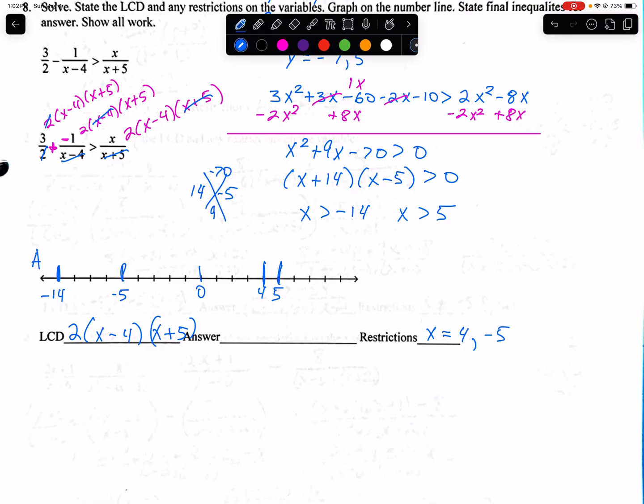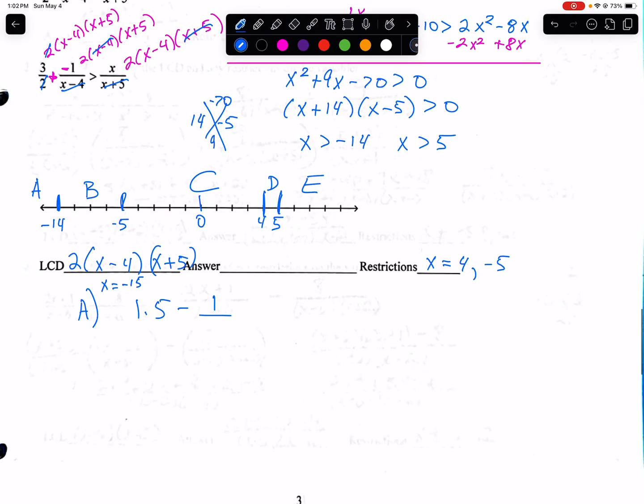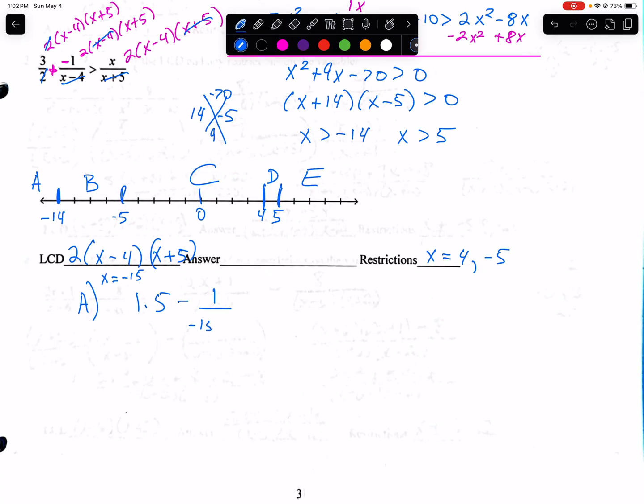I would call this A, in between B, in between this one C, this is D, and this is E. And then you label them so she knows exactly what you're doing, right? So A equals, you have 1.5 minus 1 over, we're going to plug in negative 15. So x equals negative 15. You could write that first, that would be smart. So negative 15 minus 4.